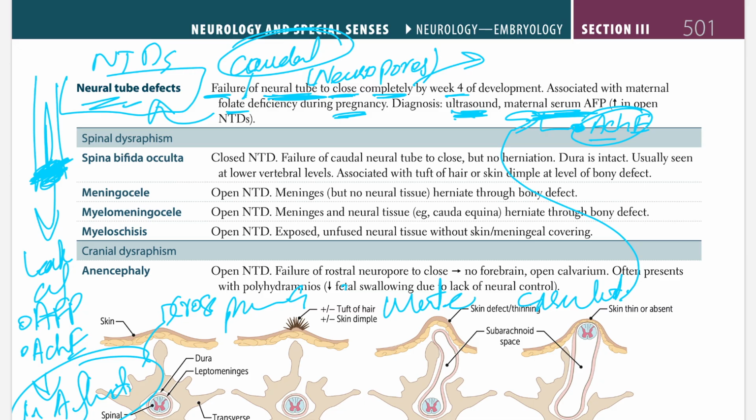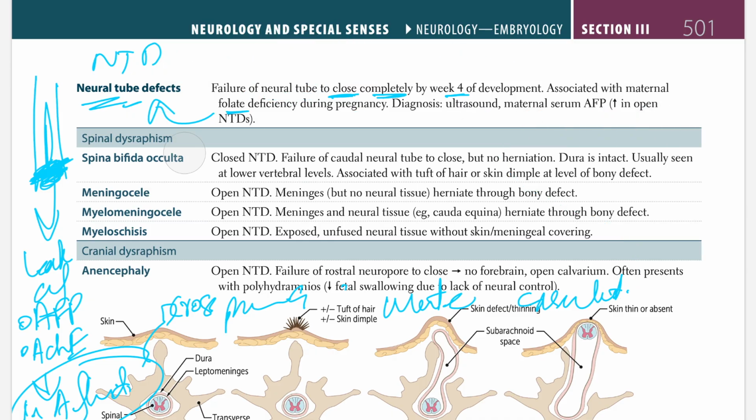Well, they're here because there is an opening of the neural tube. And you could also check these things in the amniotic fluid by doing amniocentesis.